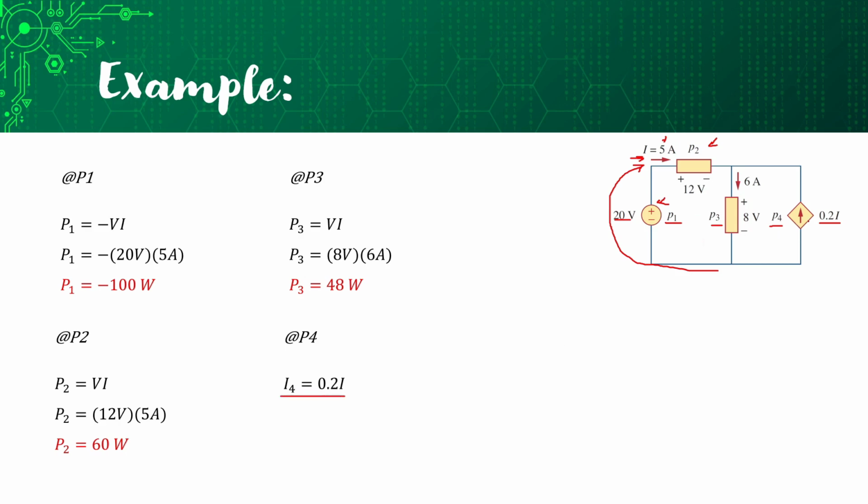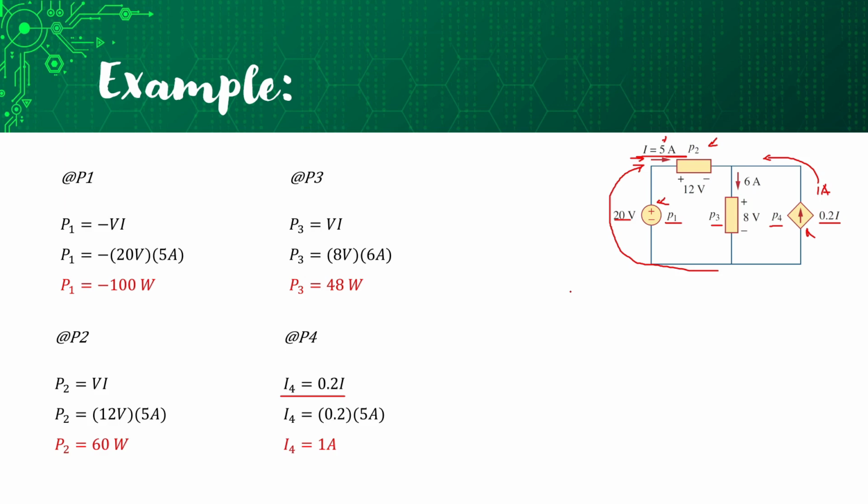We substitute the value of I, which is 5 amps, stated in this circuit, and we get 1 amp. Therefore, the current that this dependent source is supplying is 1 amp, flowing in this direction.